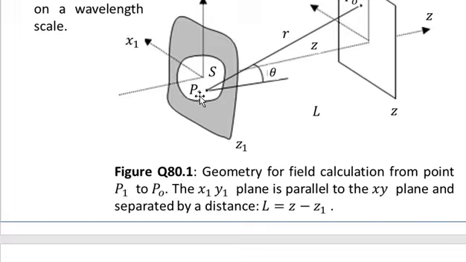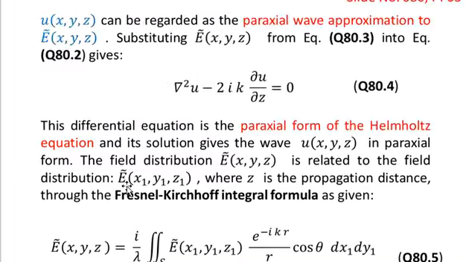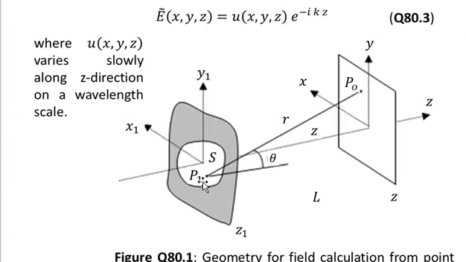So we have the field at this point, which is in the integrand, multiplied by e to the power iota kr over r multiplied by cos theta, and then dx1 and dy1, where r is the distance between the two points, the point P1 and the point P0, as we have also shown in the figure.